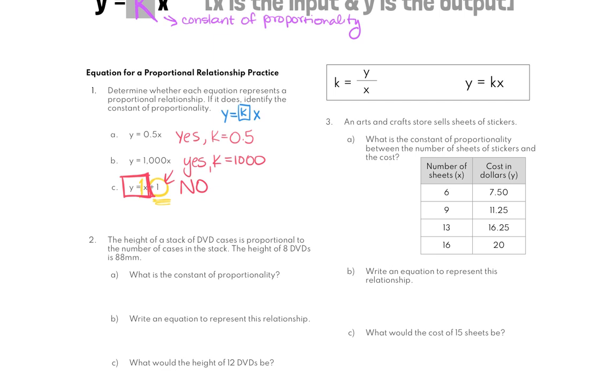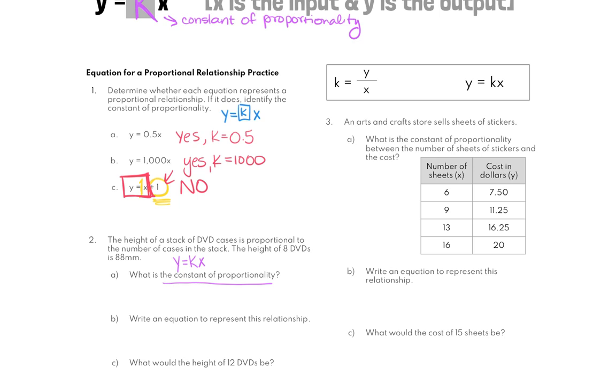For number 2, we have a scenario here. The height of a stack of DVD cases is proportional to the number of cases in the stack. The height of 8 DVDs is 88 millimeters. So we know it's proportional. We know we can create an equation that is in the form y equals kx. We just need to first figure out what the constant of proportionality is.